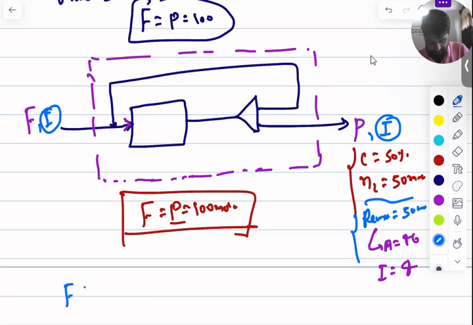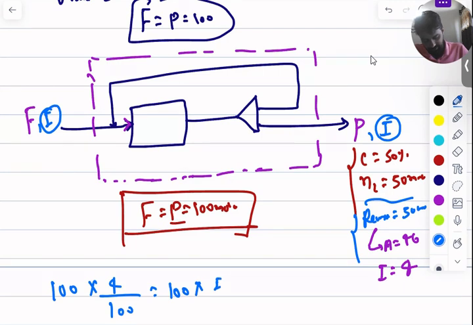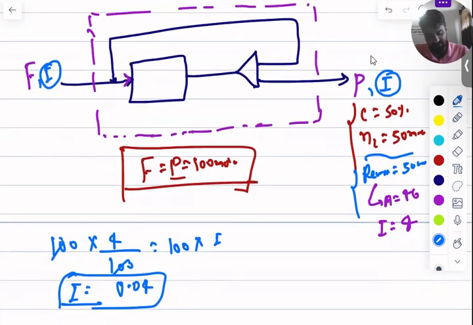So F multiplied by inert, that is, F is 100, 100 multiplied by 4 divided by 100, will be equal to P, which is also 100 multiplied by inert fraction. So the fraction of inert will be equal to 0.04. Is that clear? But here you can see that 50 moles is there, only the remaining will be 50 moles. Is that clear?